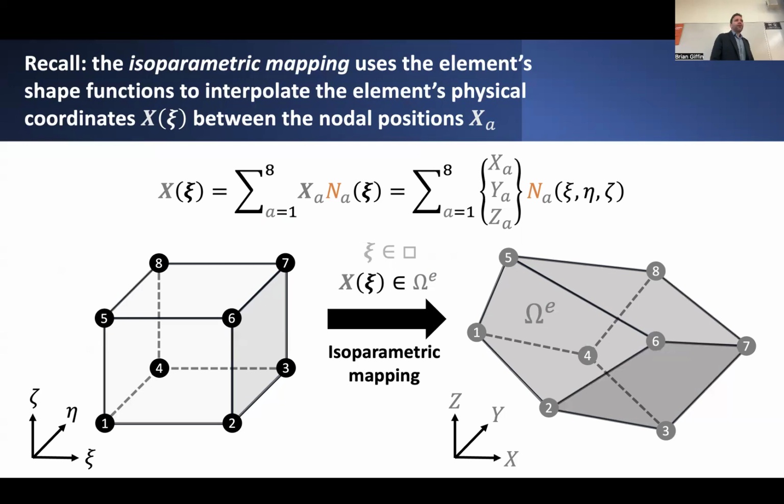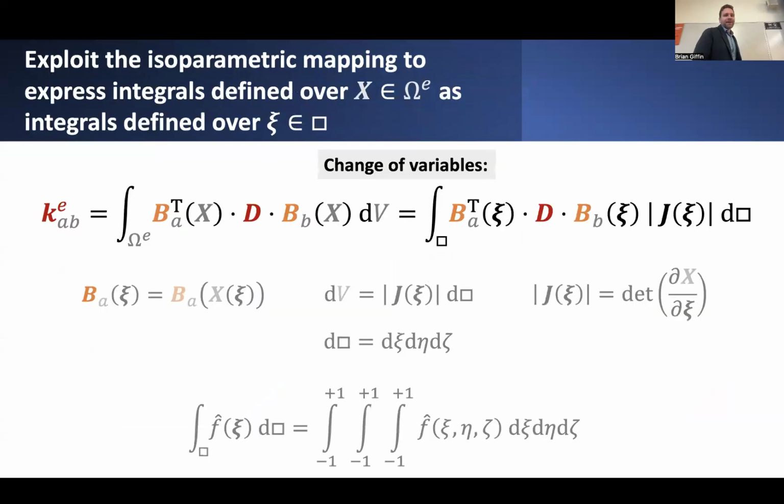But in any case, we also exploited this isoparametric transformation in order to carry out a change of variables to figure out how we transform integration over this distorted element domain, omega superscript E, into corresponding integration over the element's parametric domain, which I'm generically denoting by this square symbol. All right, so if we wanted to actually integrate this expression for the element stiffness matrix, B transpose D times B, which themselves might involve some dependence on spatial position within the element.